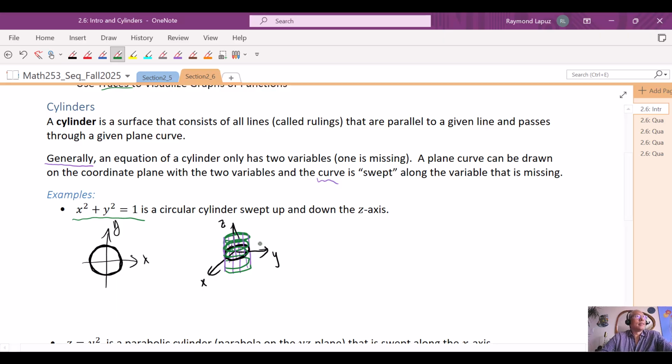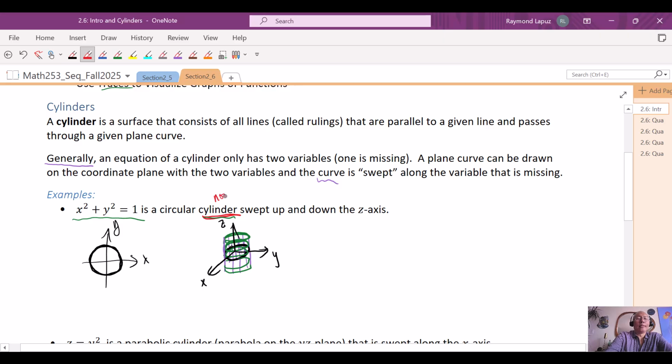The other thing I like to do is describe these surfaces using an adjective and a noun. When I'm identifying the surface, I see the surface as a cylinder. So that's the noun part, right? A little grammar lesson here.